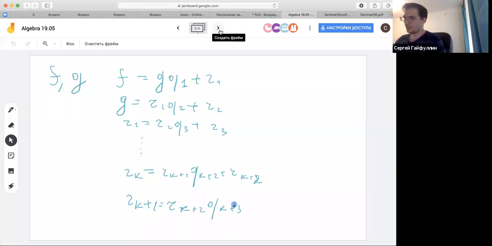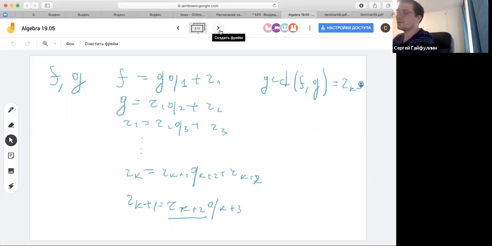And in the last row, there is no remainder. Then the greatest common divisor of two polynomials F and G equals the last remainder, rk+2. And to obtain the polynomials u and v, we proceed from the bottom to the top, and we find this one.